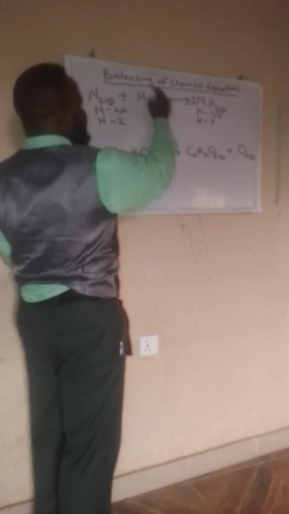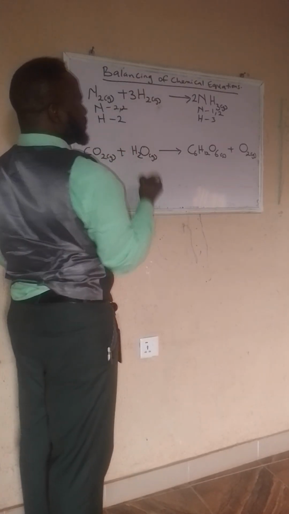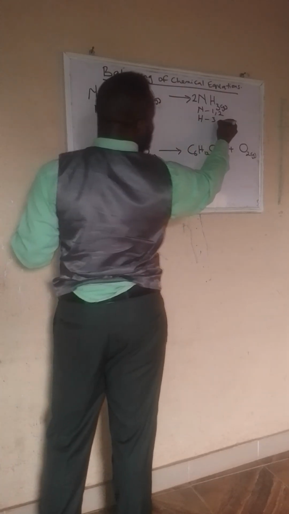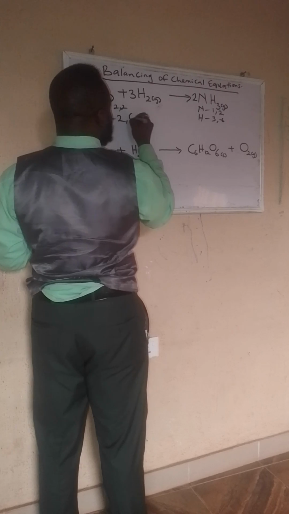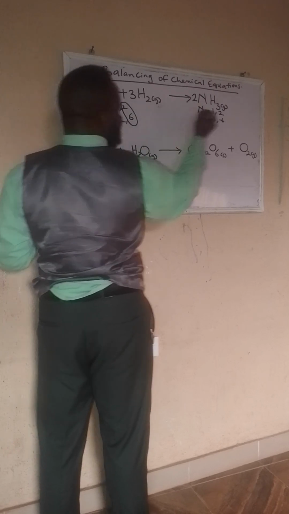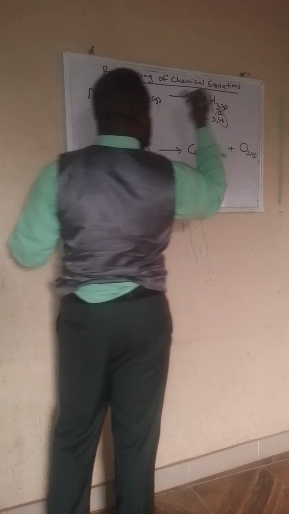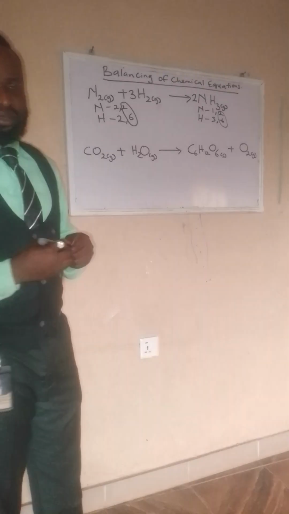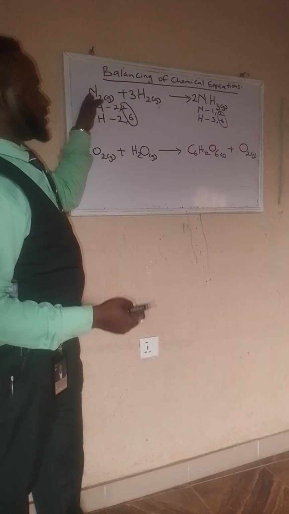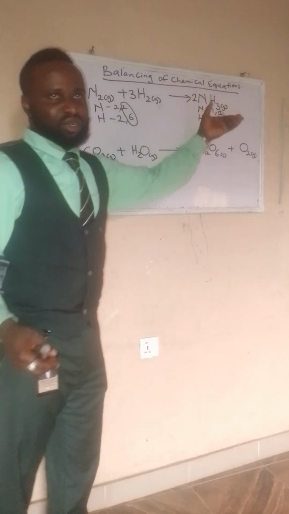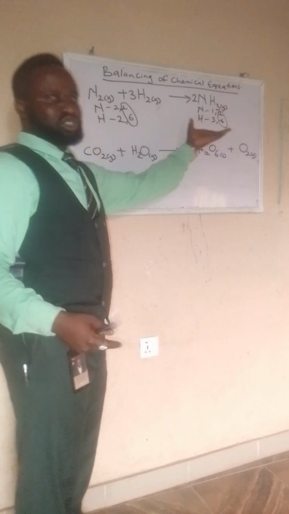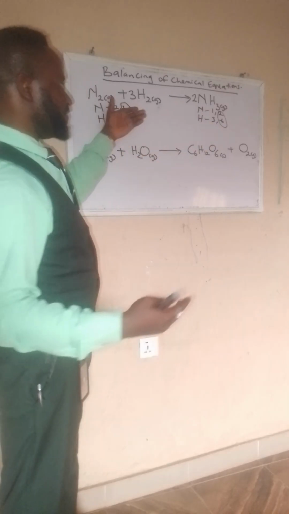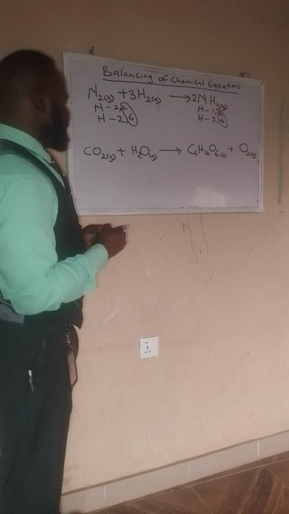How do I make hydrogen also 6? All I need to do is to put 3 here. So in the end, both nitrogen and hydrogen are now balanced. And by the way, this is the Haber process, the industrial production of ammonia. So that is another added advantage for you to learn in this video.